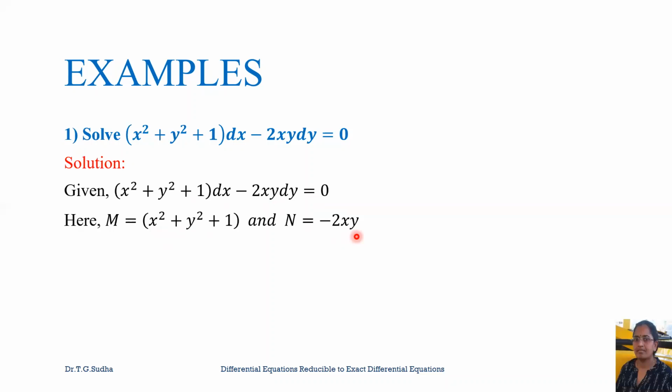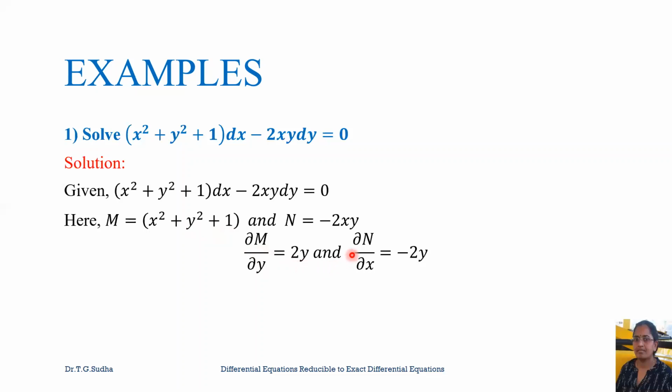Let us calculate the partial derivatives now. ∂M/∂y, that is when you differentiate partially M with respect to y, first term is x square, so with respect to y it is 0. Second term y square we get 2y, and the third term is 1, so on differentiation it becomes 0. So ∂M/∂y is equal to 2y.